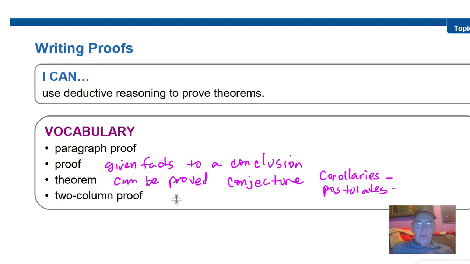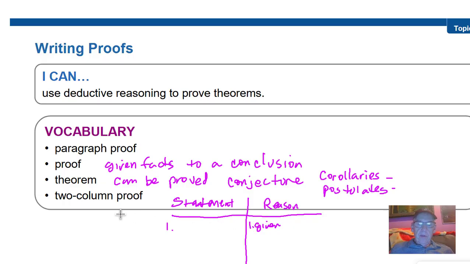A two-column proof looks like this. There are two columns. We have a statement column. We have a reason column. We make like a T-chart. And usually our given is number 1.